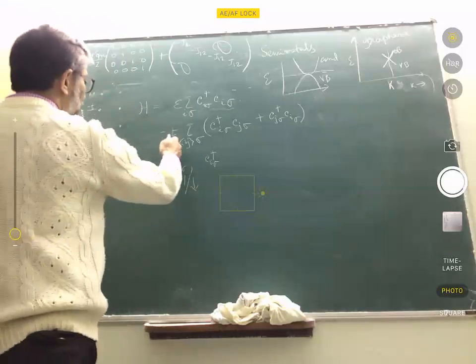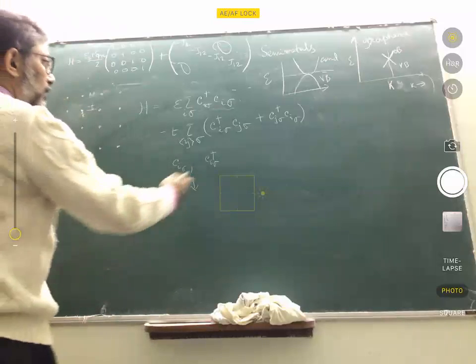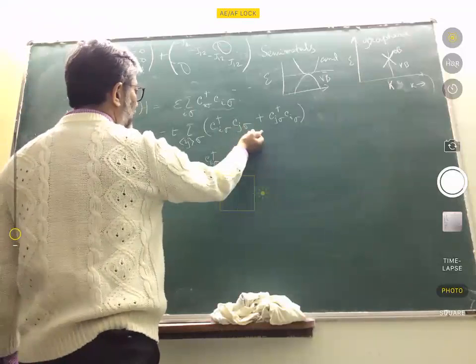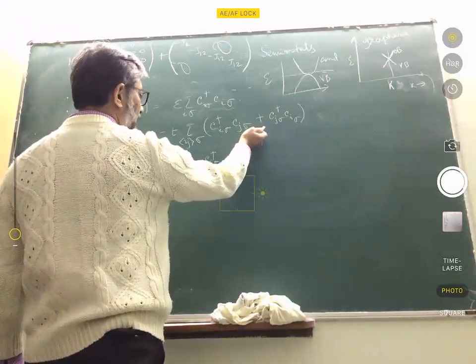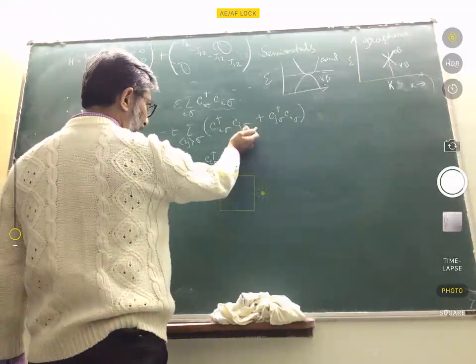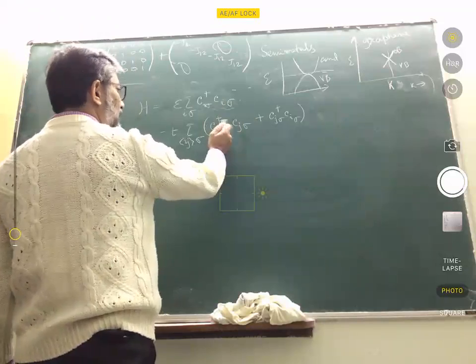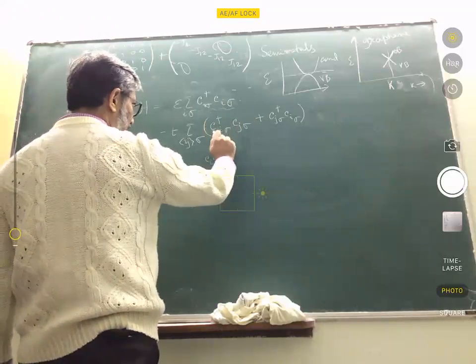And then this is our familiar hopping term. Now, if I look at this term, an electron of some particular spin, up or down, on site j is annihilated, and an electron of the same spin is created on site i.